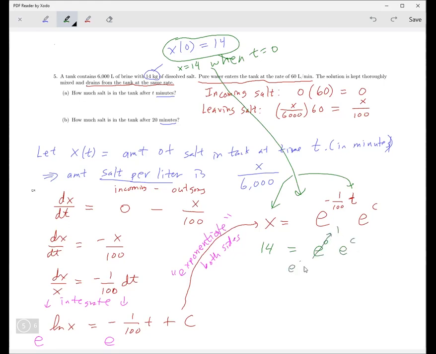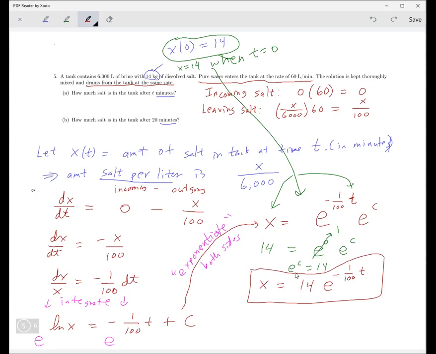So really you have e to the c is 14. Instead of finding c, where c is the natural log of 14, and then plugging that in, we found e to the c is 14. So I just replace this e to the c with a 14. And that's the answer to the first part.